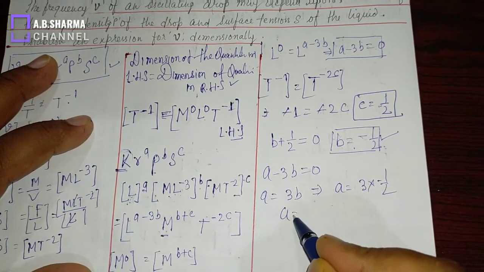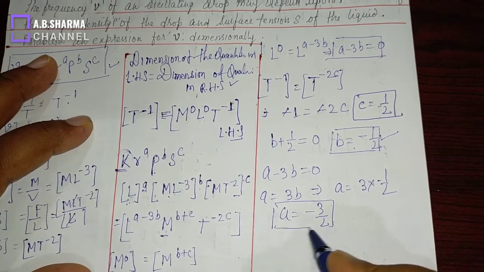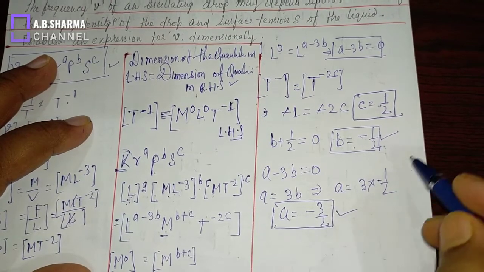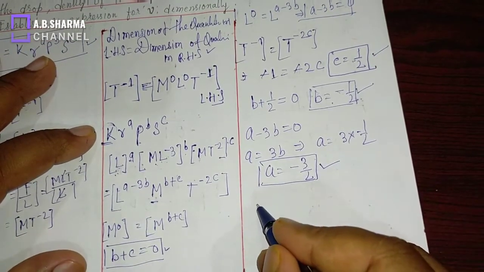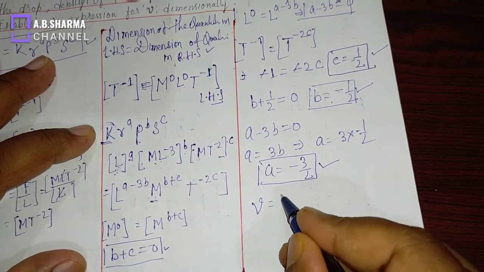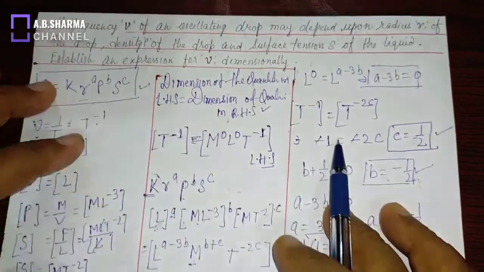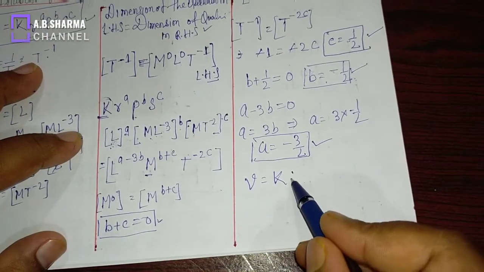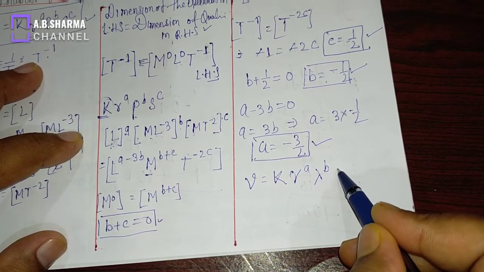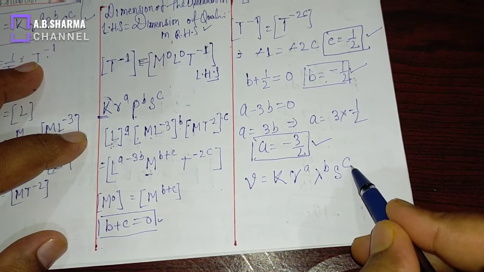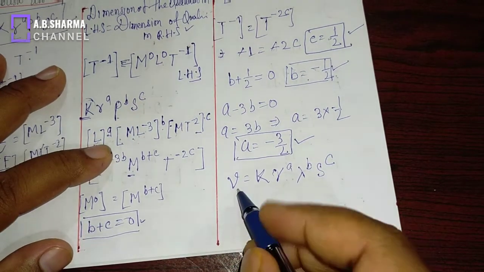So the value of a will be minus 3/2. So all the powers, that is the values of a, b and c, are calculated. Now the given formula is v equals k r to the power a, rho to the power b, and surface tension to the power c. So we will put the values of a, b and c, and we will find the relation.